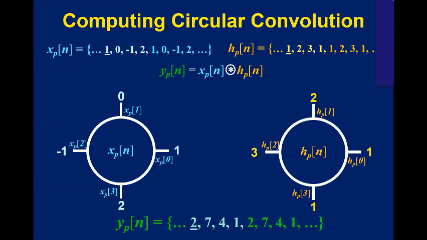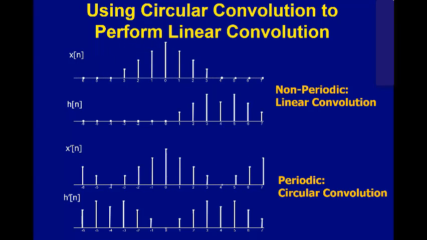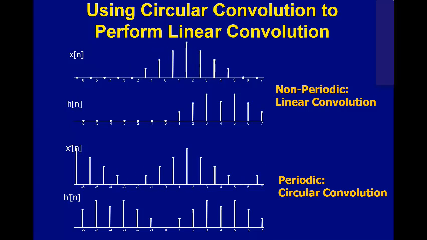Okay. Well, now we're going to backtrack a little bit and see why we needed to talk about zero padding. There are instances where we want to do linear convolution, standard plain vanilla convolution of probably finite length sequences. And yet, all that we have available to us is the mechanics of circular convolution.